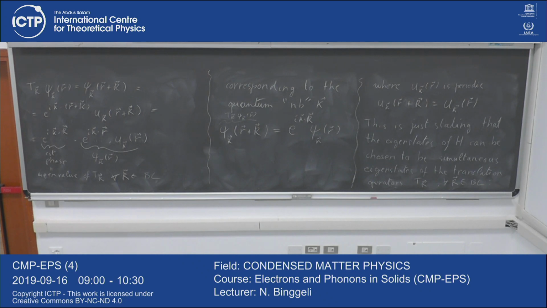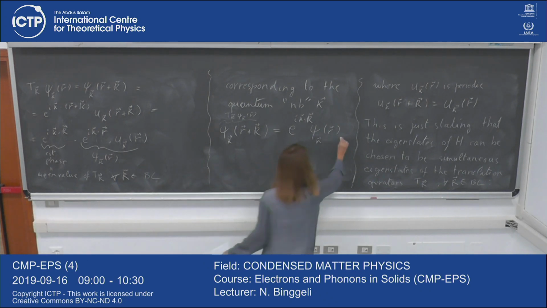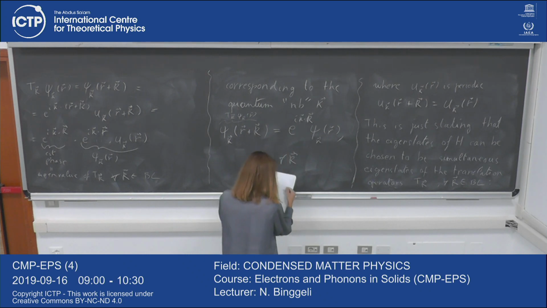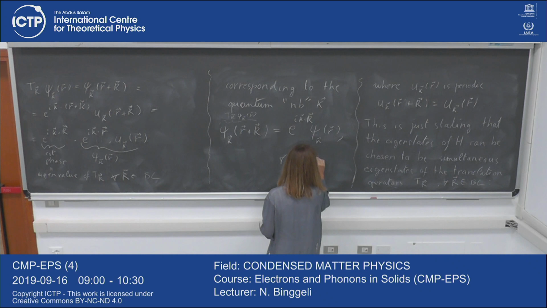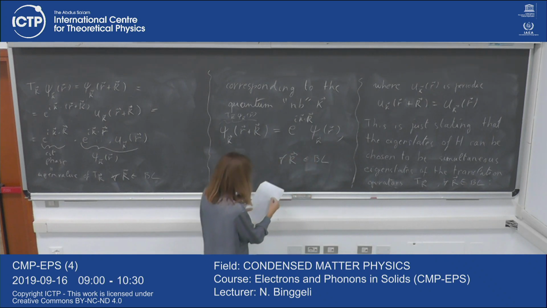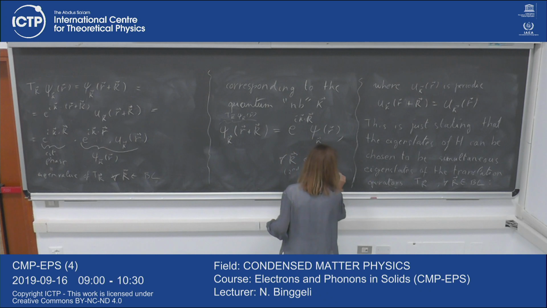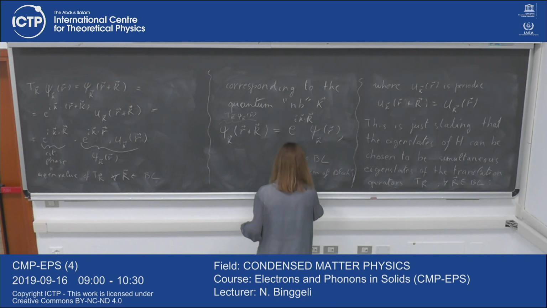And so this is valid, of course, for any vector R belonging to the Bravais lattice. So this is the second form of Bloch's theorem.